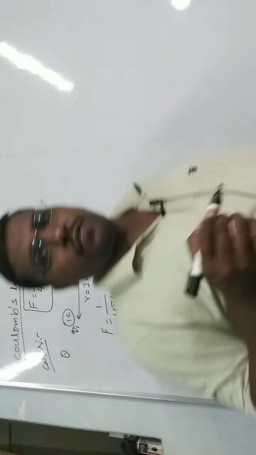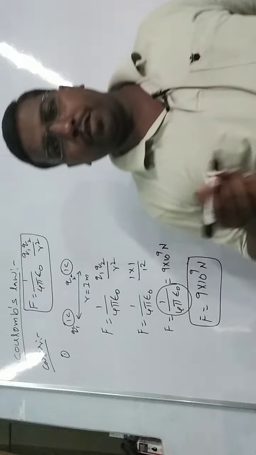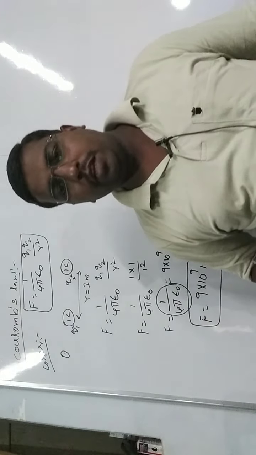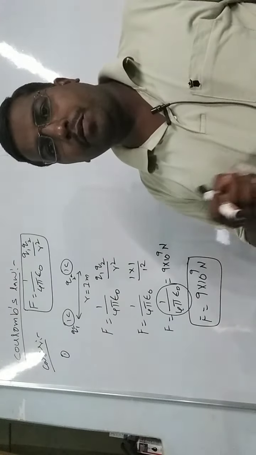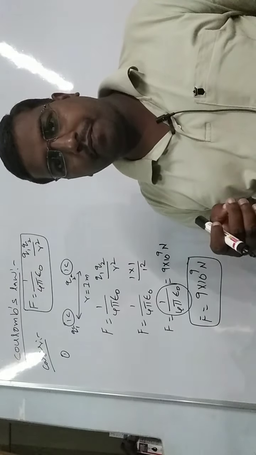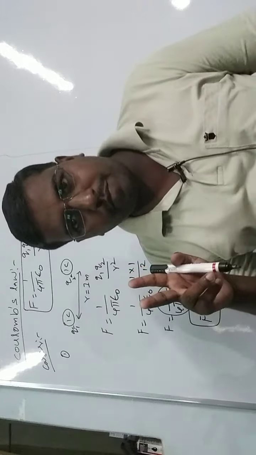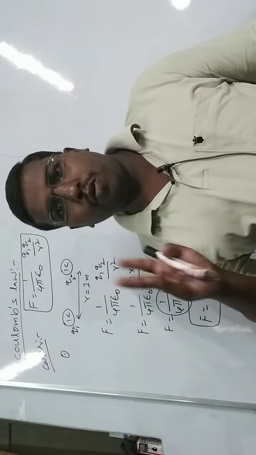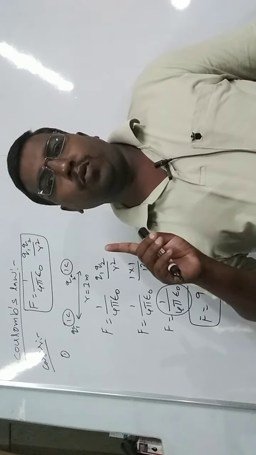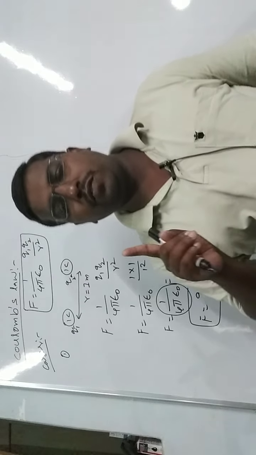When does this force become 9 into 10 power 9 newtons? This force becomes 9 into 10 power 9 newtons if the two charges are separated by a distance of 1 meter and both have unit charge, that is 1 coulomb.